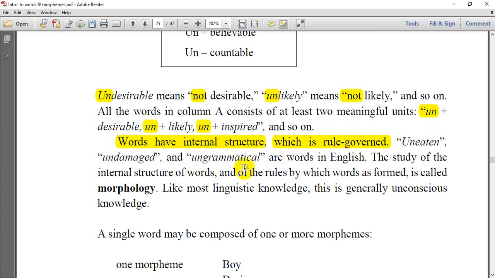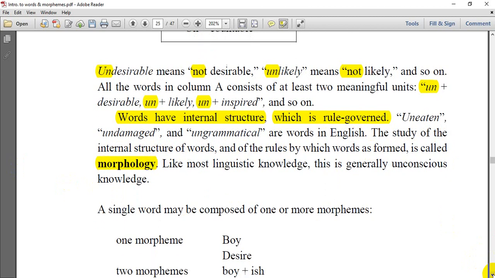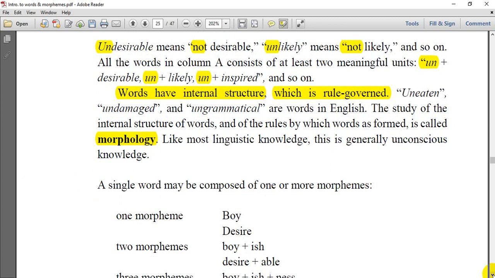These words are in English. Morphology. What do you mean by morphology? Morphology is the study of the internal structure of words and of the rules by which words are formed. This is the definition of morphology.